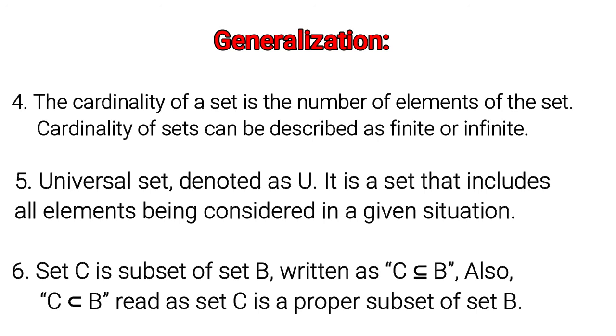Number 5, the universal set, denoted as U, is a set that includes all elements being considered in a given situation.